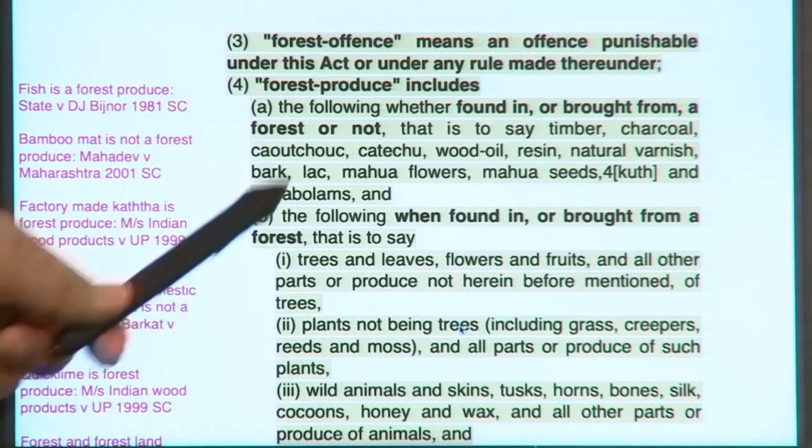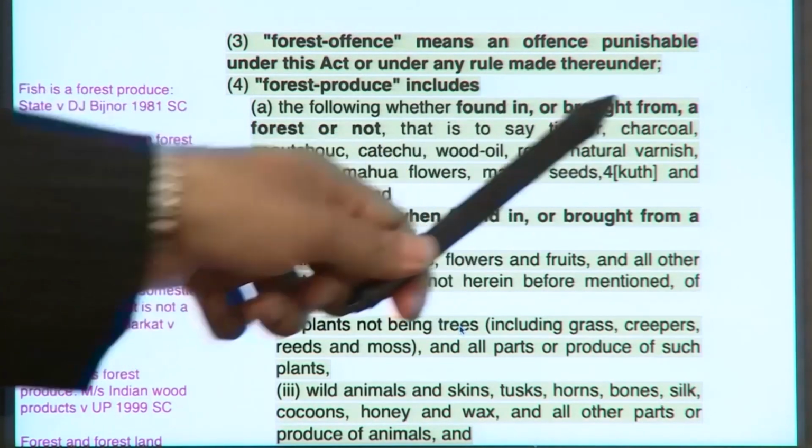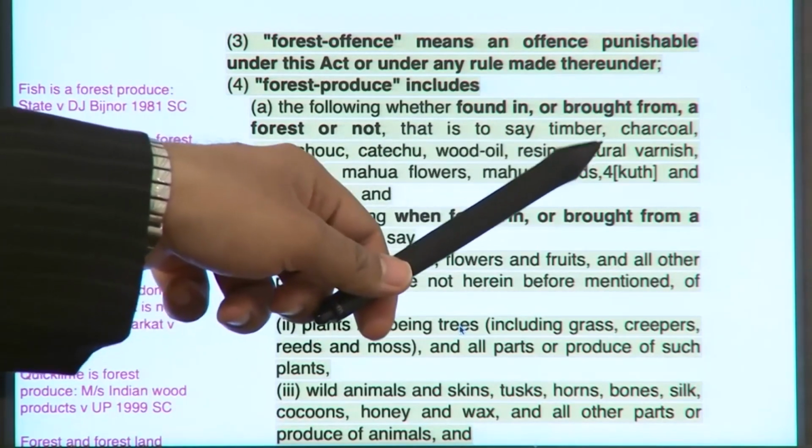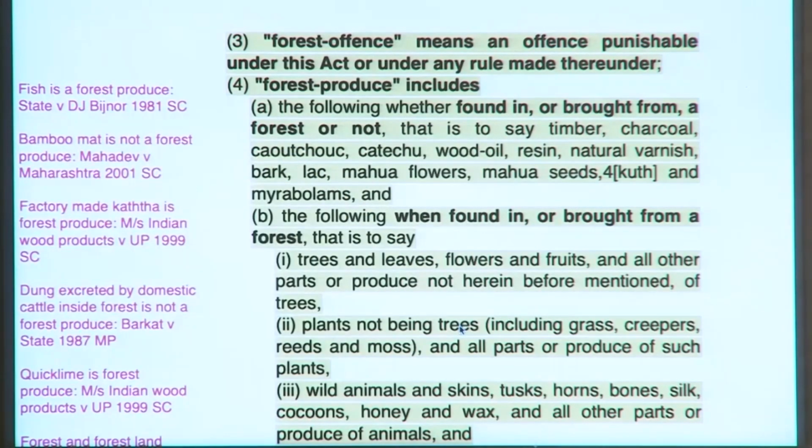And what are these? Timber, charcoal, catechu, wood oil, resin, natural varnish and so on. So, if you find these items anywhere, it is a forest produce and the act is applicable on these.